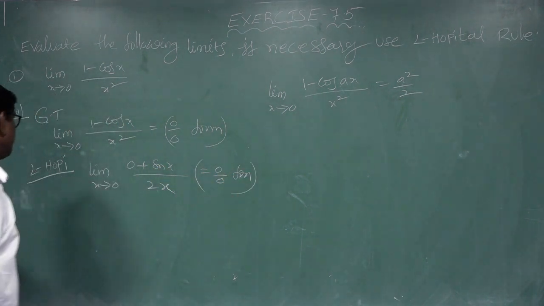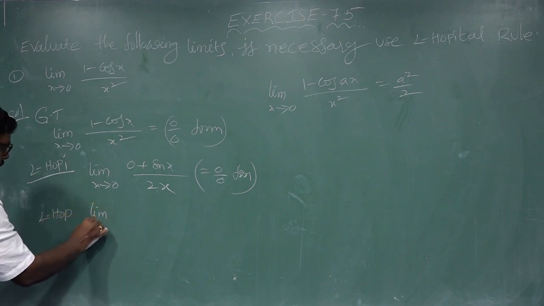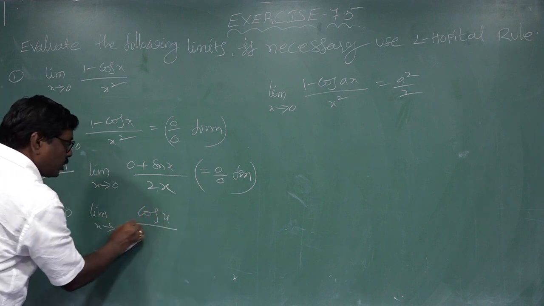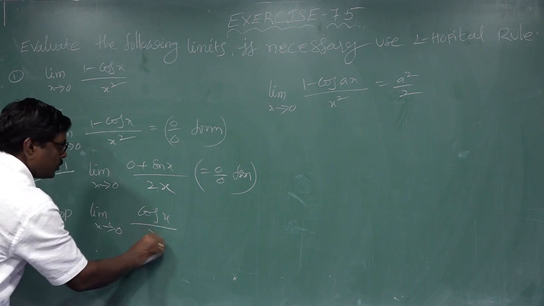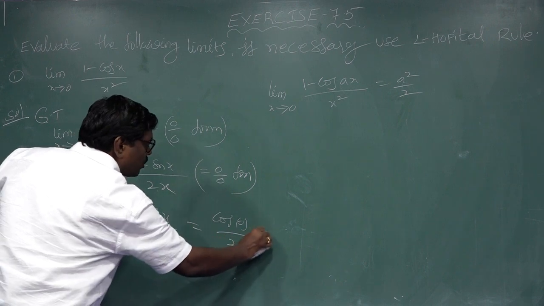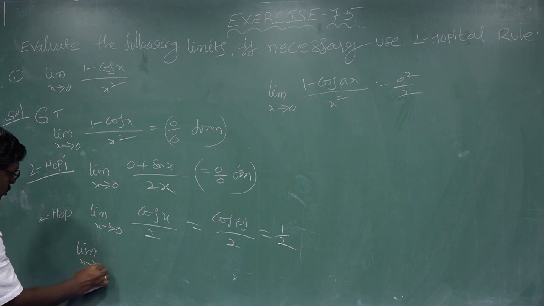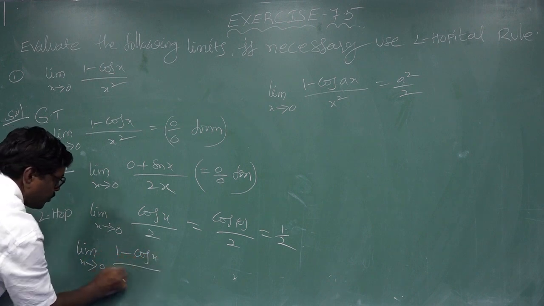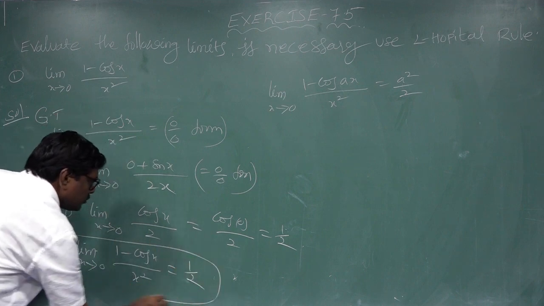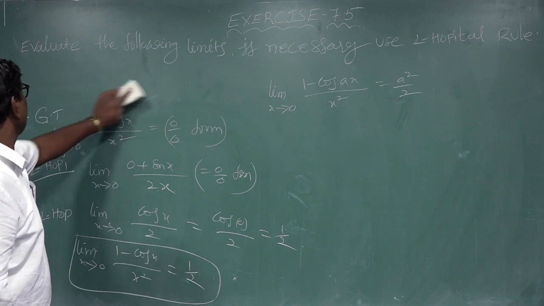Again apply L'Hospital rule: limit x tends to 0, derivative of sin x is cos x, and derivative of 2x is 2, equal to cos 0 by 2 equal to 1 by 2. So limit x tends to 0 1 minus cos x by x square equal to 1 by 2. Next, second problem.